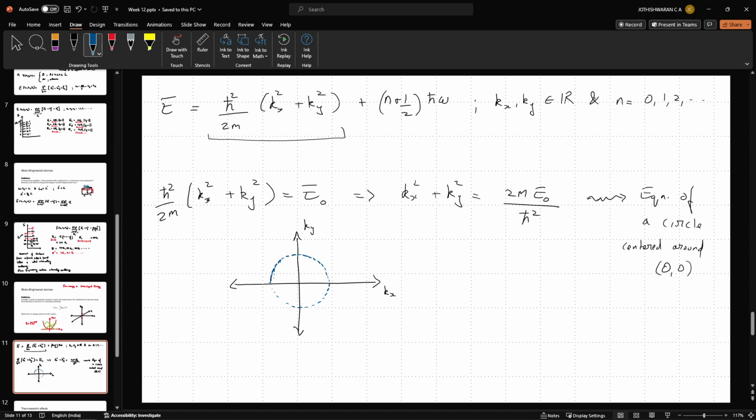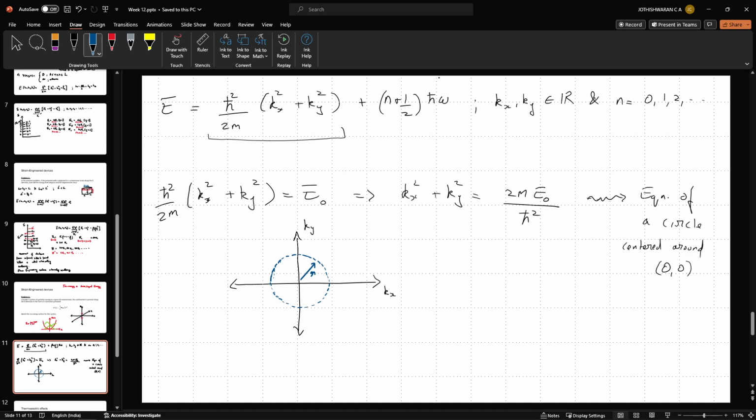Fortunately, this more or less looks like a circle. So this is a circle with some radius r, and this is the isoenergy surface in this case.